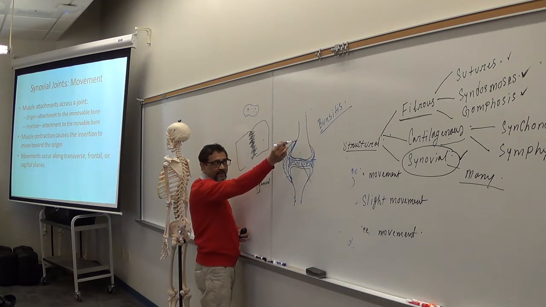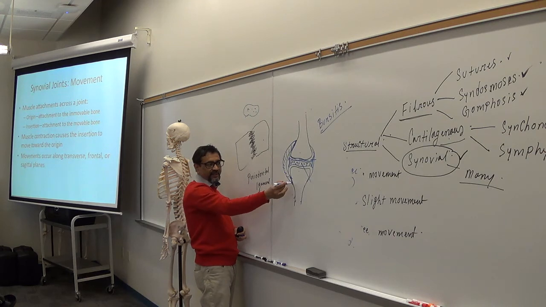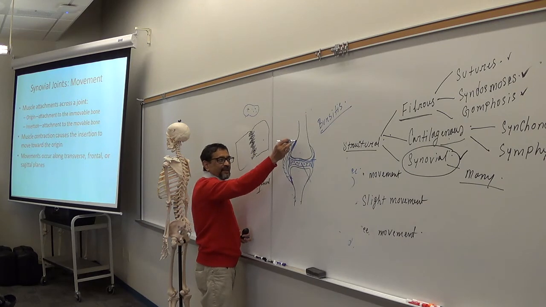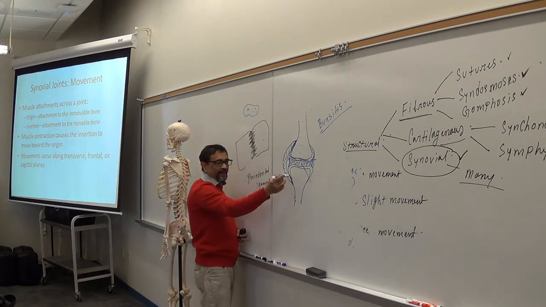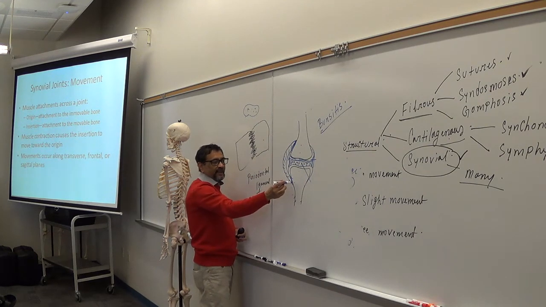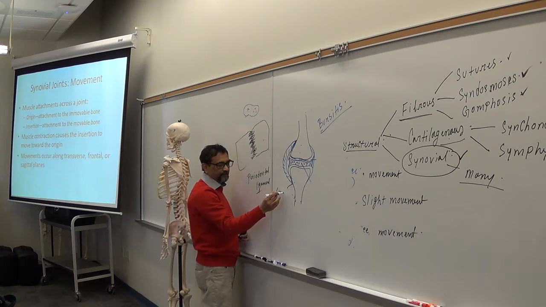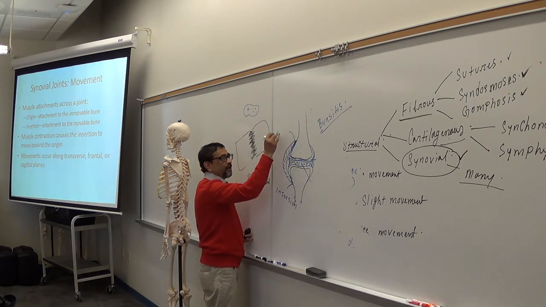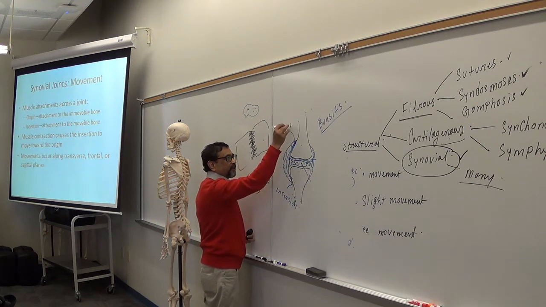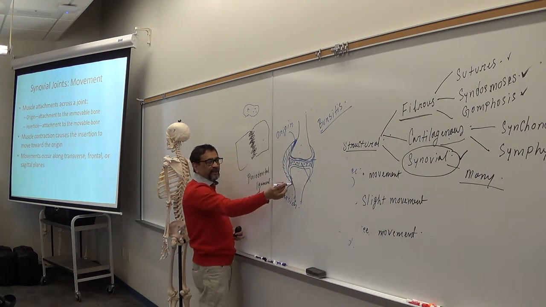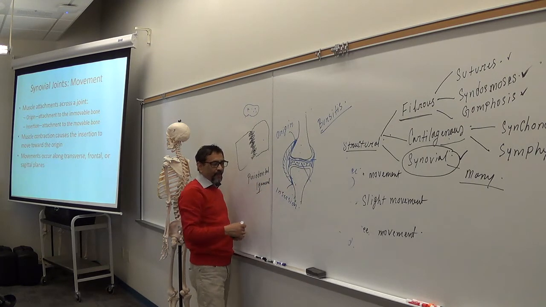Now, if this end is attached to a fixed bone and this bone moves towards this bone during the movement, this end is called insertion and this end is called origin. So, origin is the end attached to the fixed bone, insertion is the end of the muscle attached to the bone that moves. Make sense?